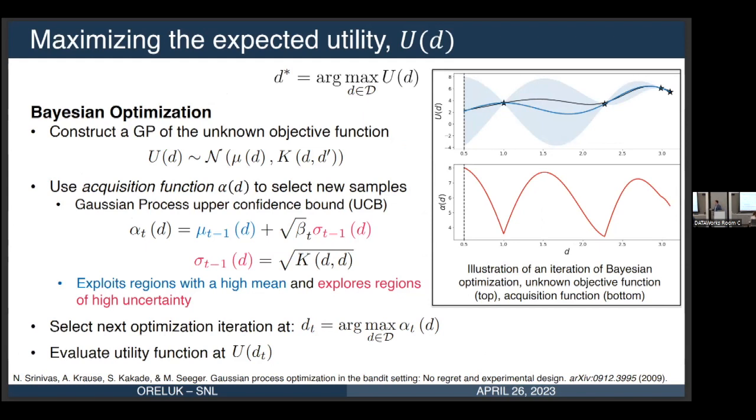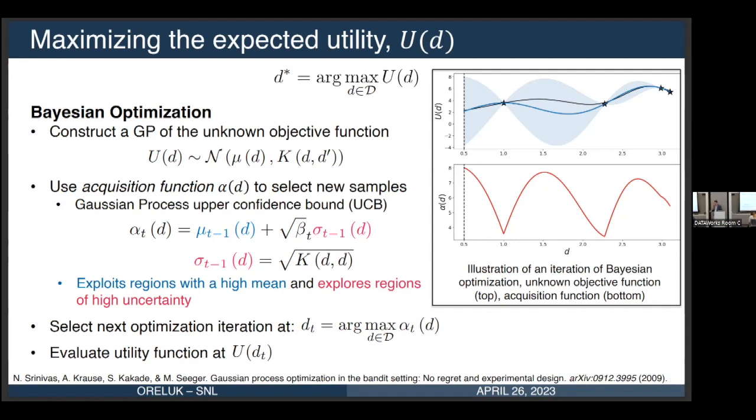Specifically, we're going to assume it's a Gaussian process. And we don't have gradients to decide where to take our next optimization iteration. To guide the procedure, we're going to follow an acquisition function to select new samples. Specifically, we're going to take our next optimization iteration to maximize this acquisition function alpha.